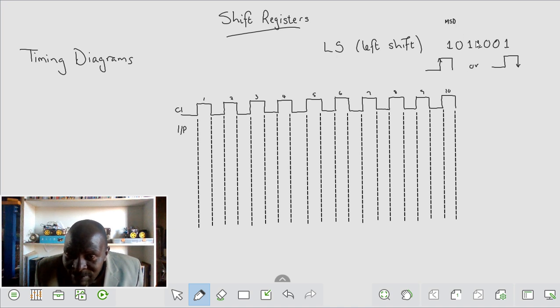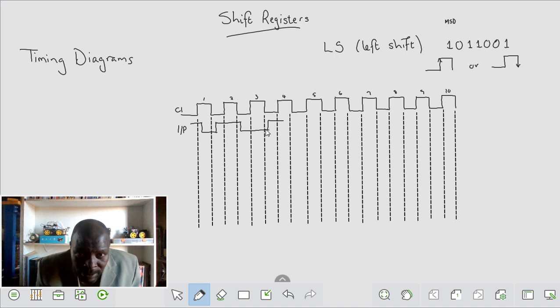If you are shifting left, the MSD goes first. What do we mean there? We mean that the 1 will go first, followed by the 0, followed by the 1, by another 1. I'm reading the number backwards, followed by a 0, there's another 0, and finally a 1.